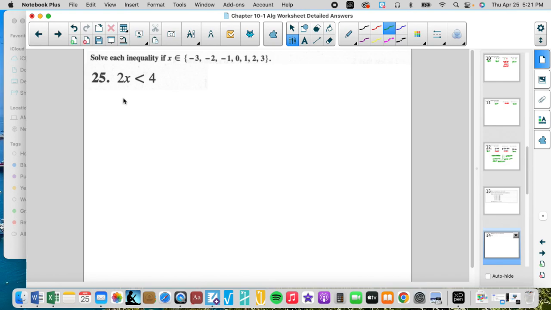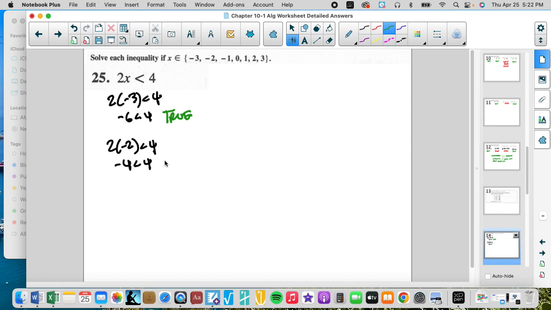So we get, let's do, 2 times -3 less than 4 is -6 less than 4. That's going to be true. We're going to write a whole bunch of stuff. 2 times -2 less than 4, -4 less than 4.